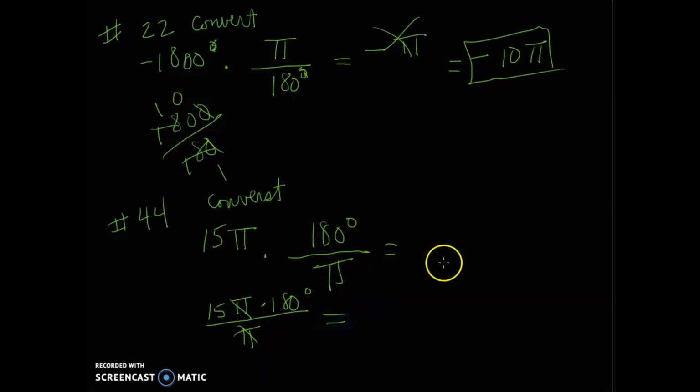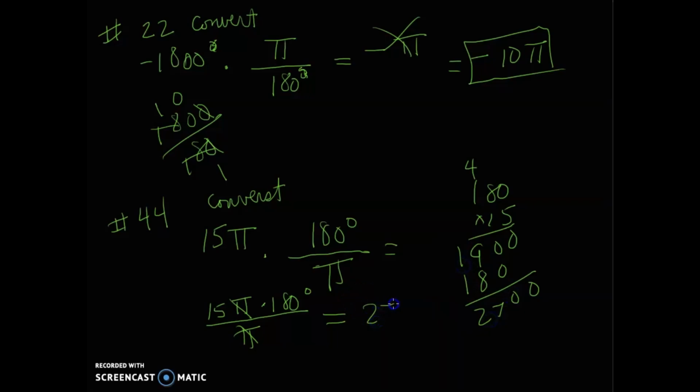What's 15 times 180? 5 times 0, 5 times 8 is 40, 5 and 4 is 9, 1 times 0, 1 times 8, and 1 times 1, 2700 degrees is 15 pi.